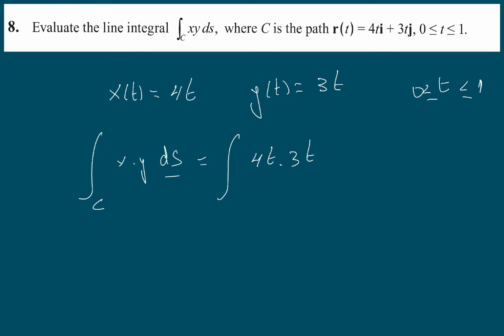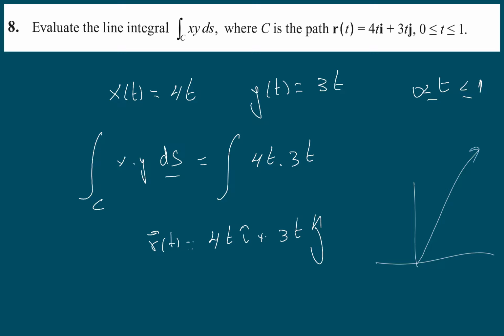Now we need to find ds. So r of t is 4t i plus 3t j. And this is a rectilinear line. I'm doing the line integral not over a closed curve.